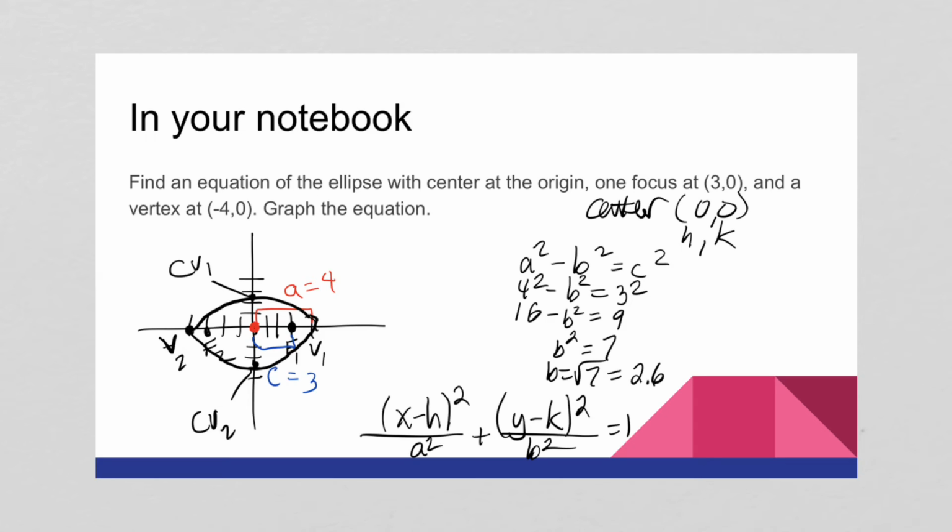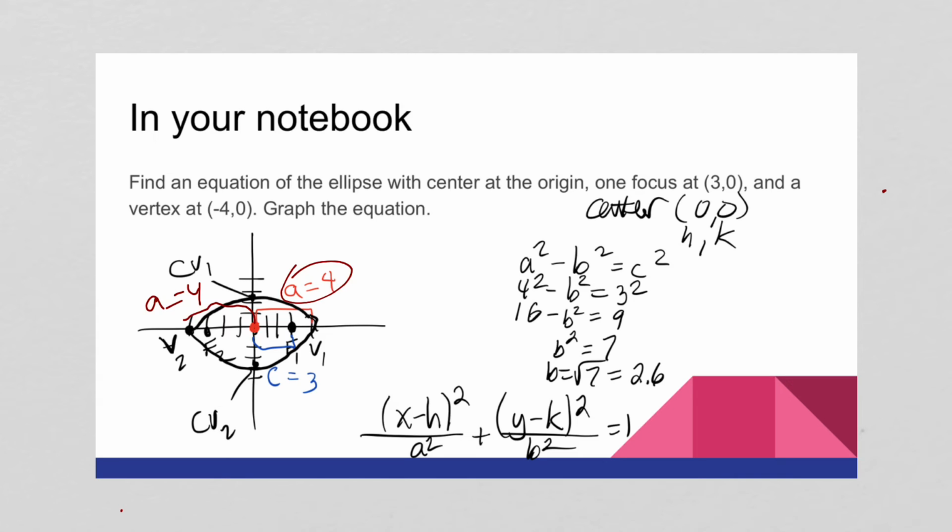I graphed my focus (3, 0), so I knew that was my c distance right away. So c was 3. And I graphed the vertex, which is on the other side, (-4, 0). And I know that distance is 4, which is the a.